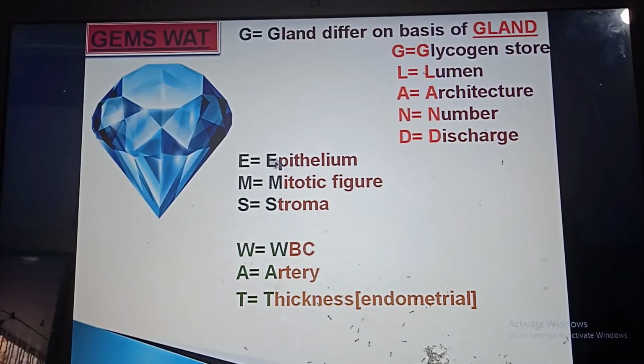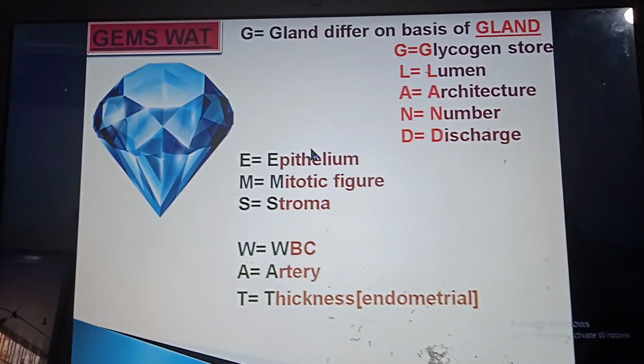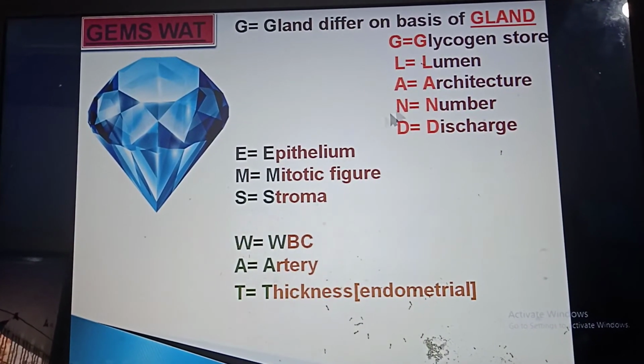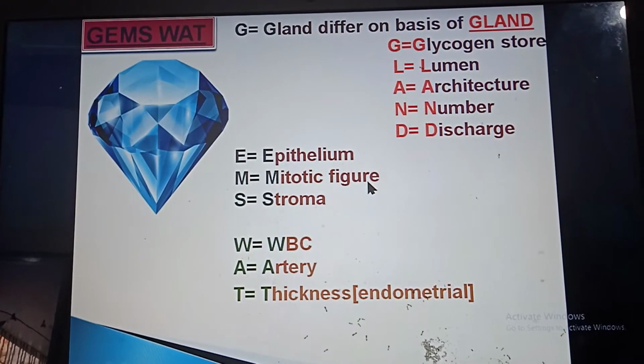Now the second one is the epithelium. In proliferative it is simple columnar, and in secretory it is hypertrophied columnar. Mitotic figure will be more in proliferative.